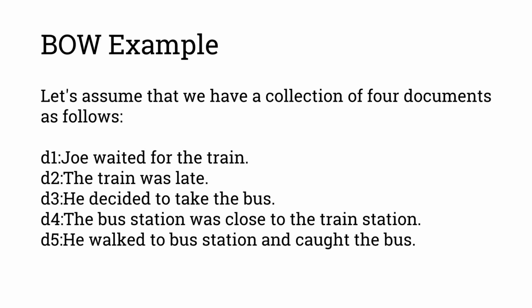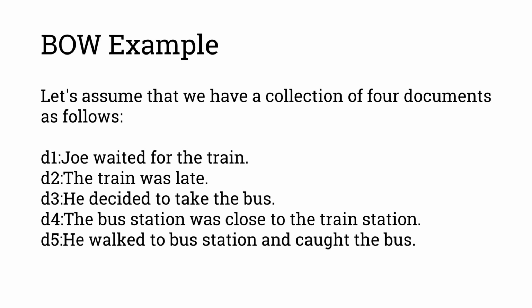Our first step before we implement bag of words model would be to pre-process the data. So what we have to do is first convert this list of documents into sentences. And then sentences need to be converted into tokens. Tokens need to be converted into lemmas, and we need to filter out all the stop words.